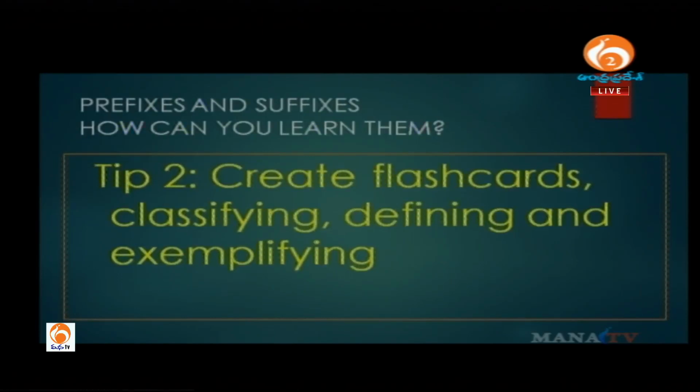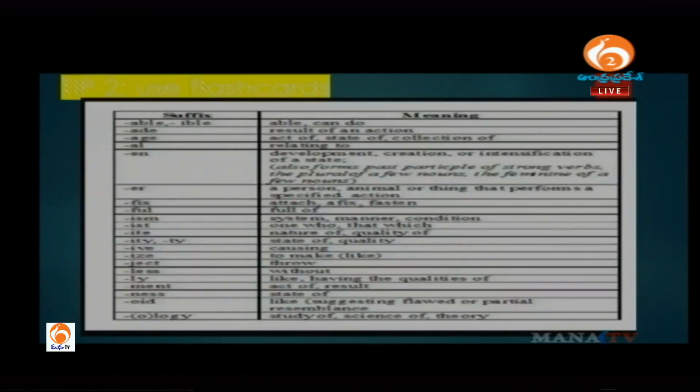All right. So the first tip, that is in terms of understanding and reading more. Tip number 2 is create flashcards classifying and defining and exemplifying. What do you mean by flashcard? Something like this, which has the list of suffix and it has the meaning.